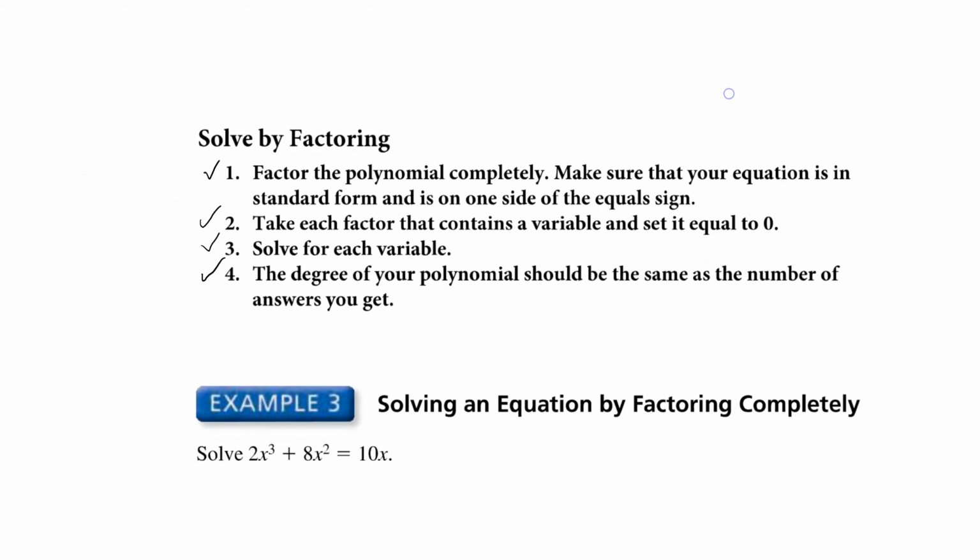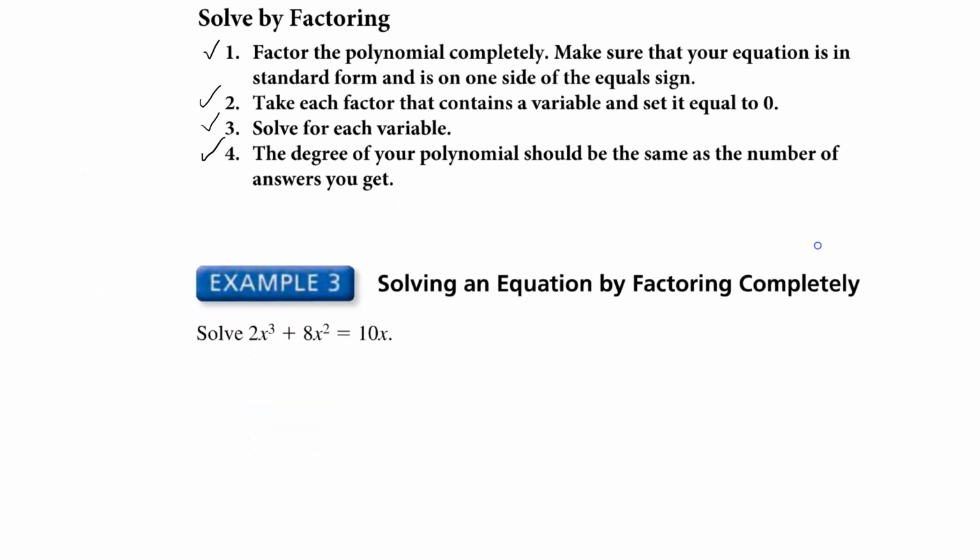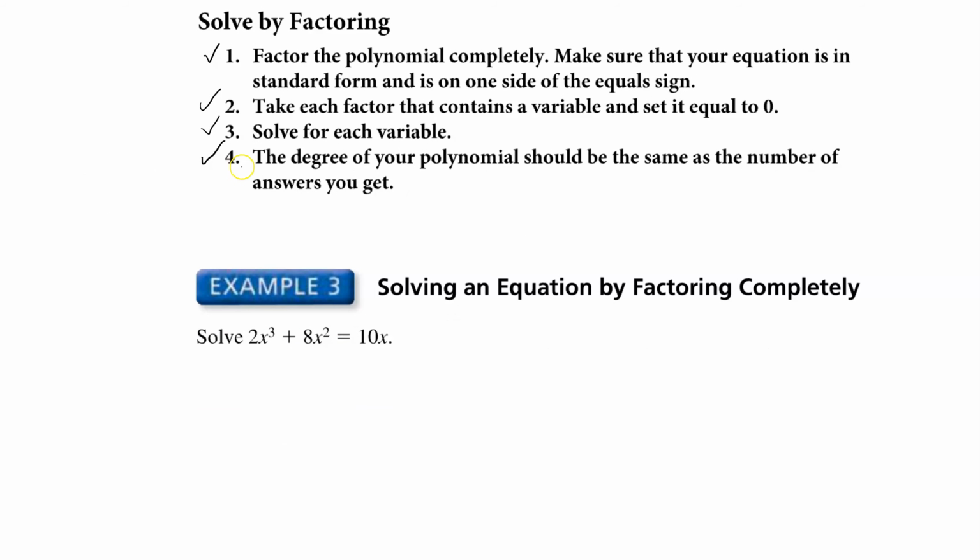So, solving an equation by factoring completely. Looking at number 4 first, as I looked at this equation, 2x cubed is degree 3. That means I'm going to look for 3 different solutions when I'm finished. So our first step would be to bring everything to one side.